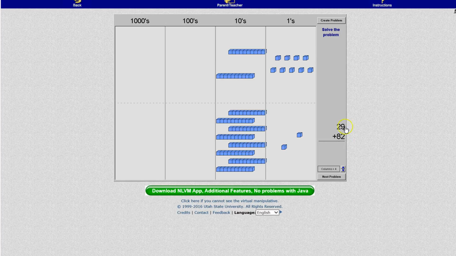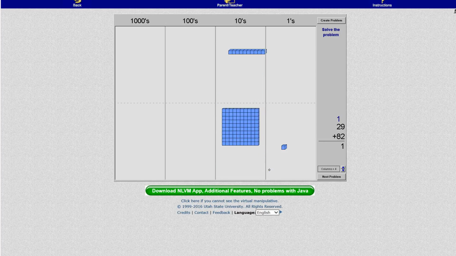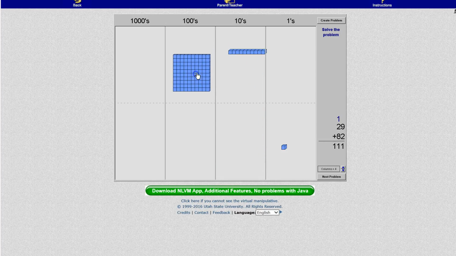Okay, so we can group together 10 of these, carry it over to the tens place, and now there's more than 10 of the rods, so we can regroup that into 100. This is 8, 9, 10. And that regroups into a flat. So you could have them carry to the hundreds place.